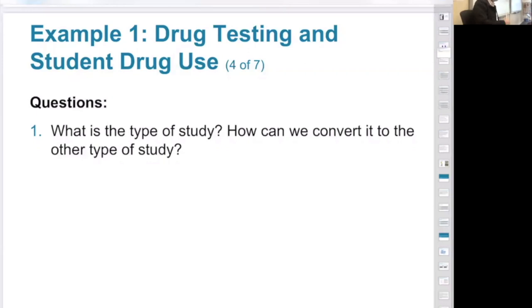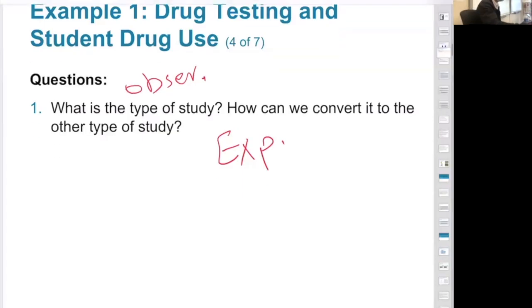How can we convert it to the other type of study? Because we said this one is observational. How can we convert it to experimental? Let's see the answer again.